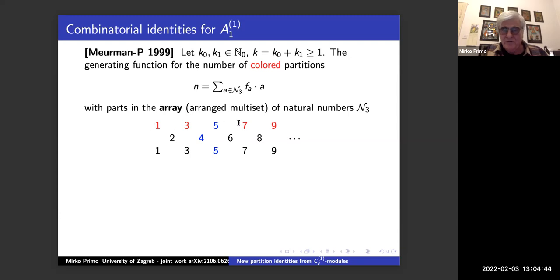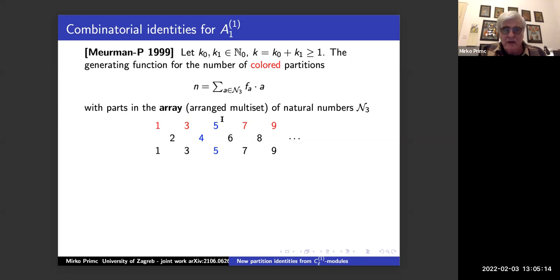The first row is odd numbers. We will color them red. And the other 2 rows are all natural numbers. We will color them black. And so in our partition, if we have a part red 3 and black 3, we will count them, like in cards, just as 3.